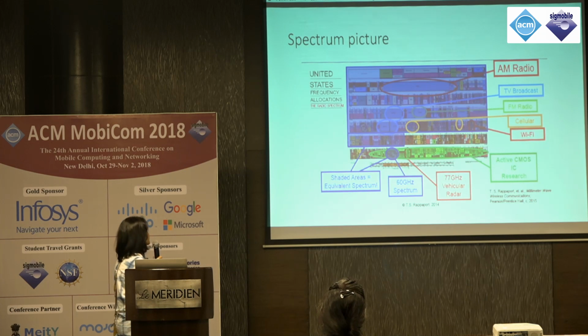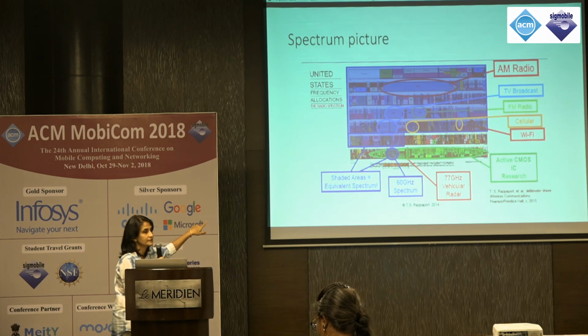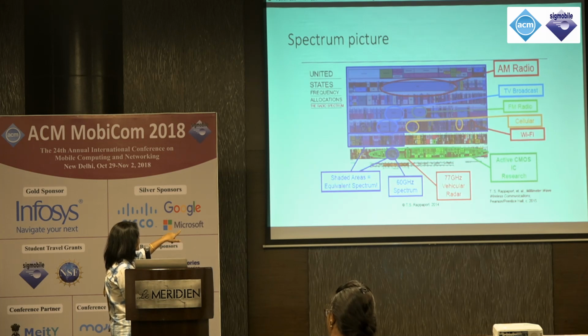So let's look at spectrum a bit. This is a chart of the United States frequency allocations going all the way from baseband up to terahertz and beyond. If you look at the 60 gigahertz spectrum, which is that little circle over there, that is the 60 gigahertz unlicensed spectrum.